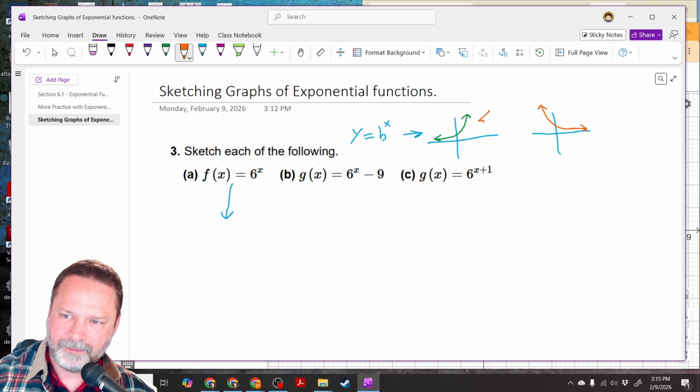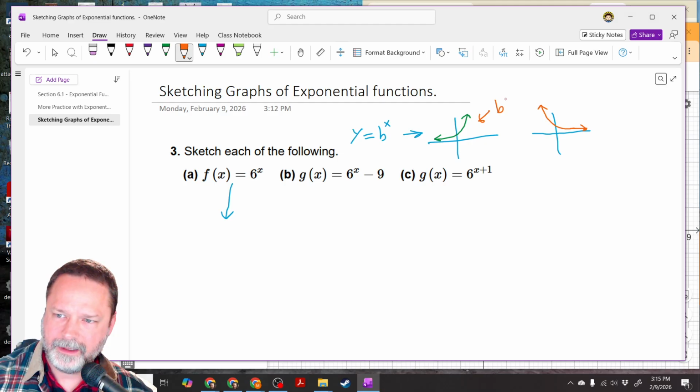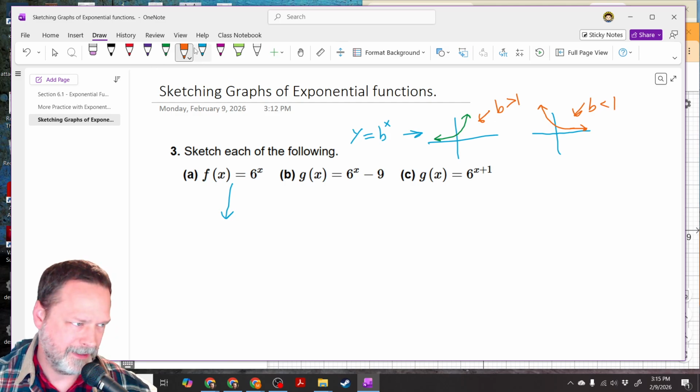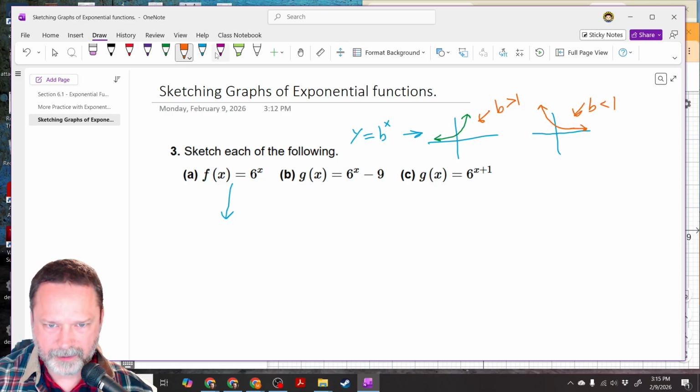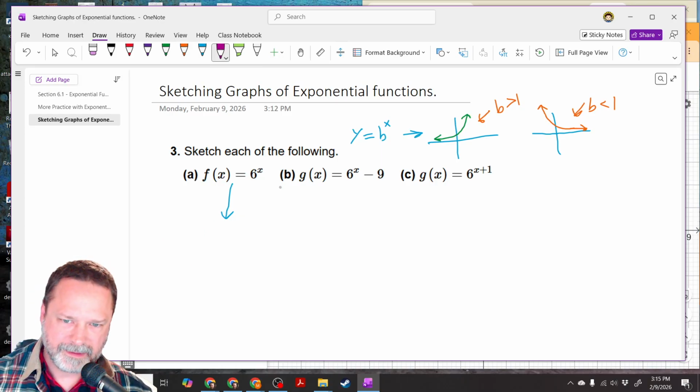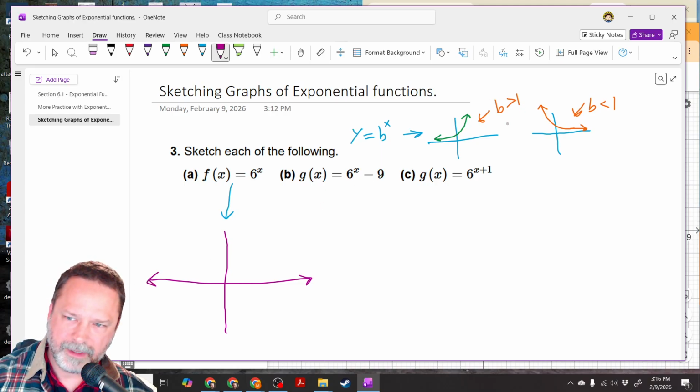This one is if the base is greater than 1. If b is greater than 1, this one; b is less than 1 for the other. Of course, b has to be positive, not 0, not equal to 1. So what does this one look like? Well, it's going to look pretty much like our basic b greater than 1 graph.